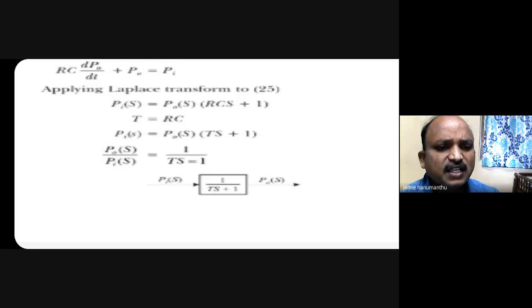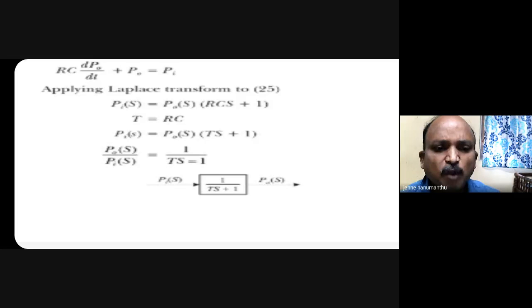Okay, represent the above transfer function in terms of a block diagram. This block diagram has a transmittance or gain. For this, input is Pi and output is P naught.